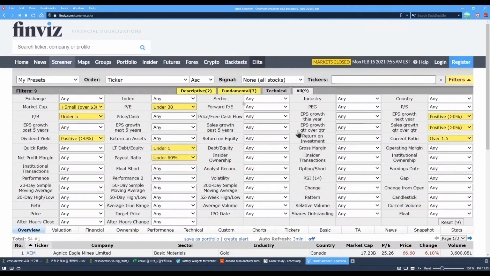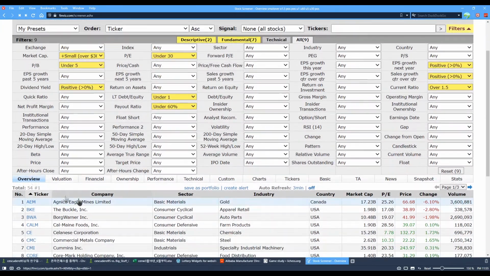And so now we have some criteria here. We have 54 companies, and because of the criteria that we've set in the screener, all 54 of these companies have at least a $300 million market cap. Their price to book is 5 or less. They all pay a dividend. We're going to compare the dividend yields, but at least more than 0. They're all trading at a price to earnings of less than 30.